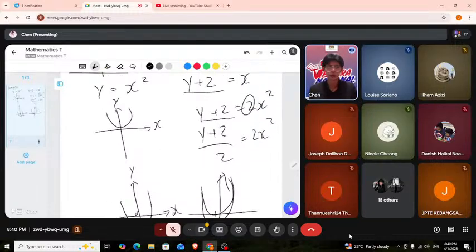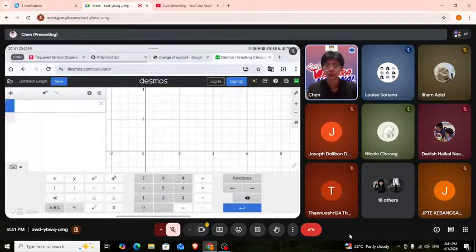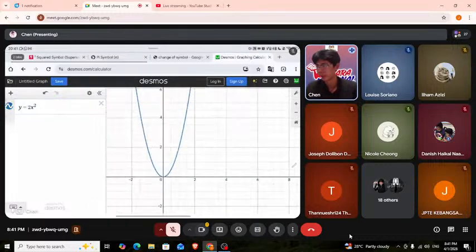So it depends on how you want to sketch the graph, but if you don't understand, you can always use the one app that I use, which is Desmos. Basically, if you're doing a trial paper and you're not sure how the graph would look, you can just type it in here. For example, y equals 2x squared, as you can see.